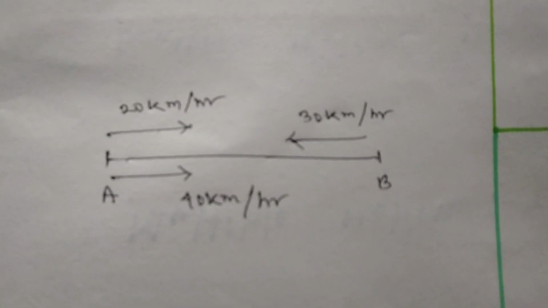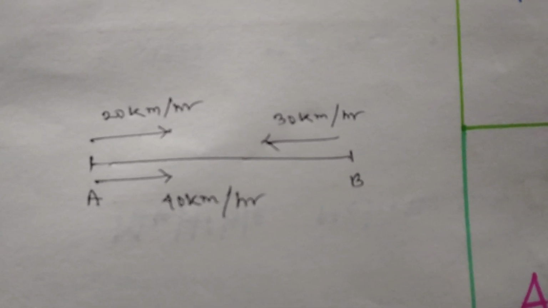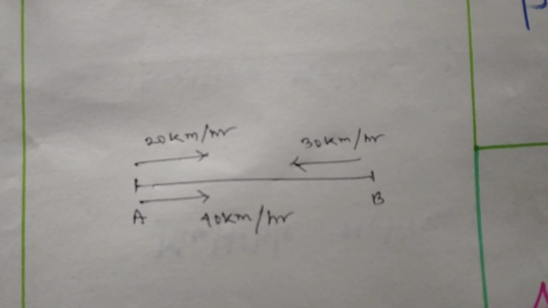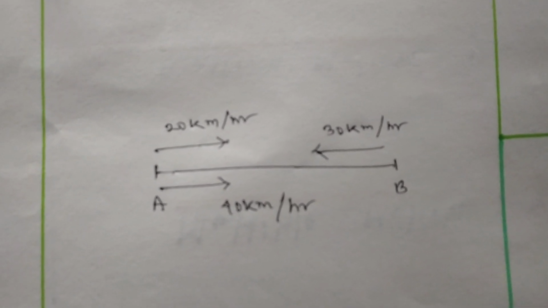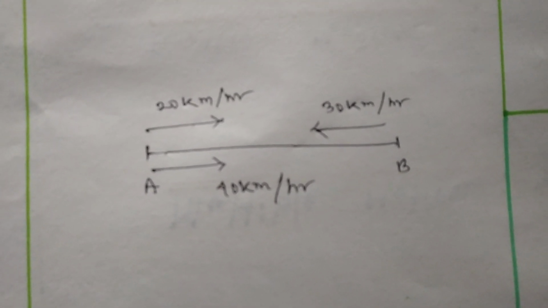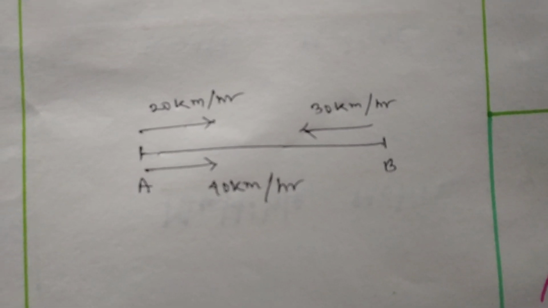So it first covers the distance. Suppose the distance from A to B is x. Okay, so first it covers this x distance at the speed of 20 km per hour.